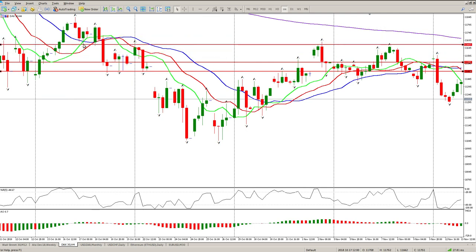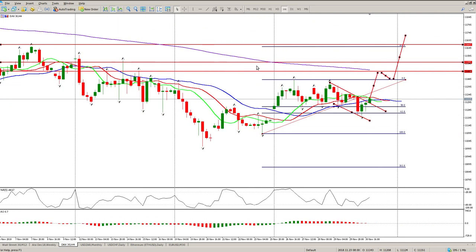This bottom here would make the most sense, which would also be the 161 extension. So that would make the most sense anyway. Okay, so that's what I'm looking at the moment.